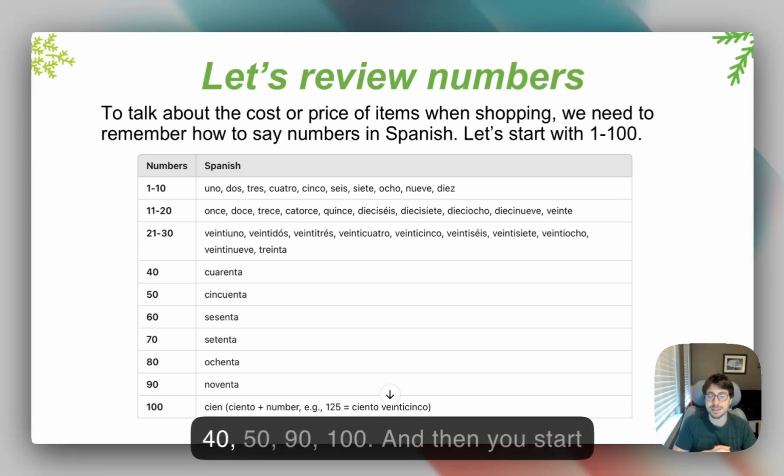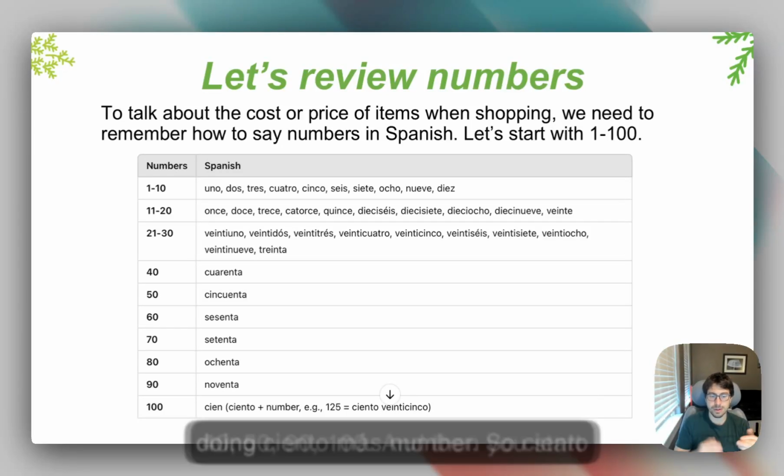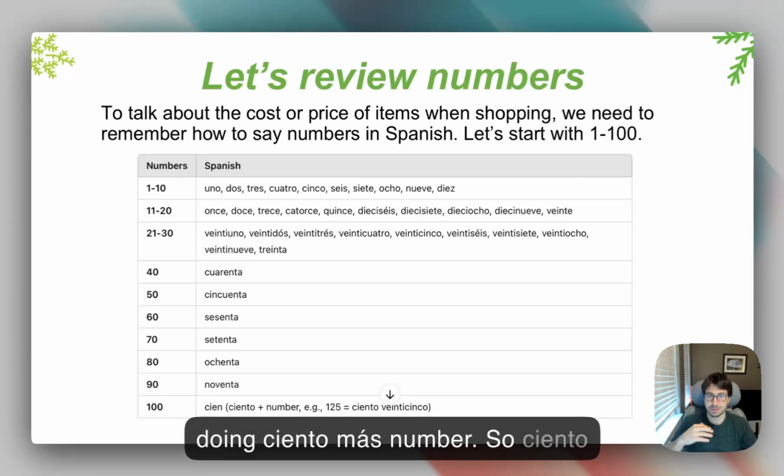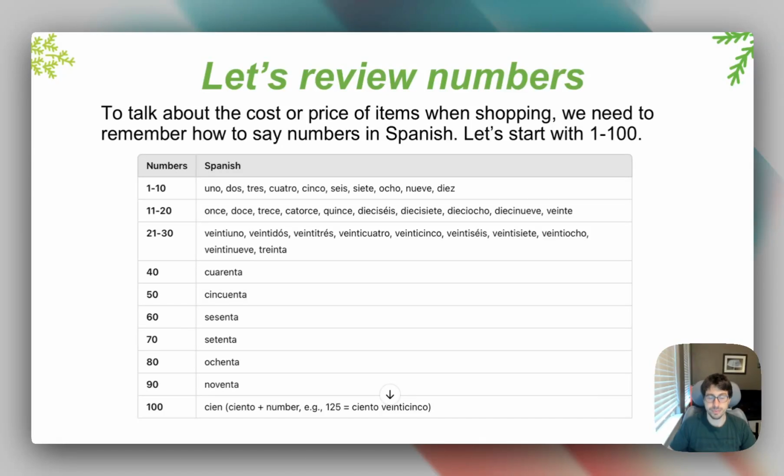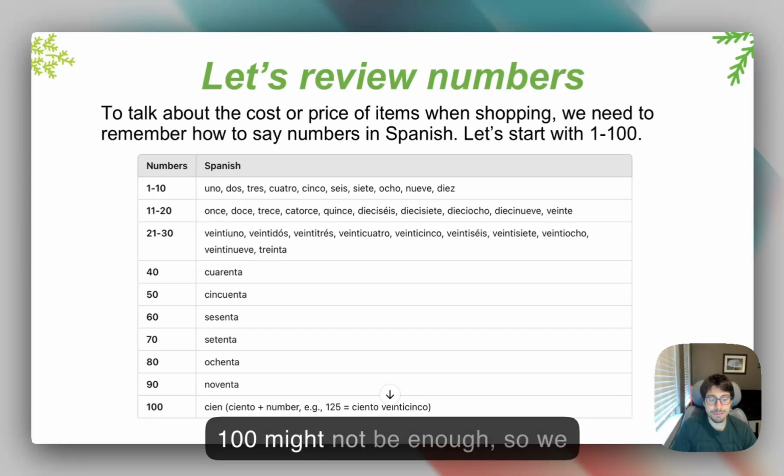So you have 40, 50, 90, 100, and then you start doing ciento más number. So ciento más 3, 103, 130. When we want to buy stuff, 100 might not be enough, so we need to have bigger numbers.